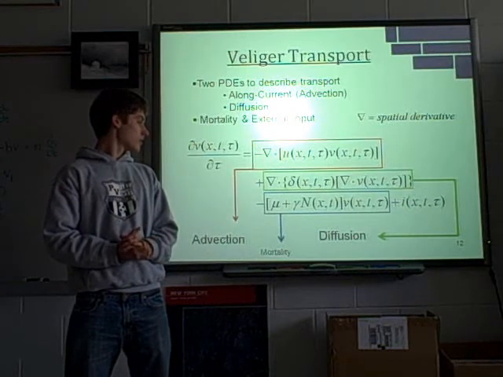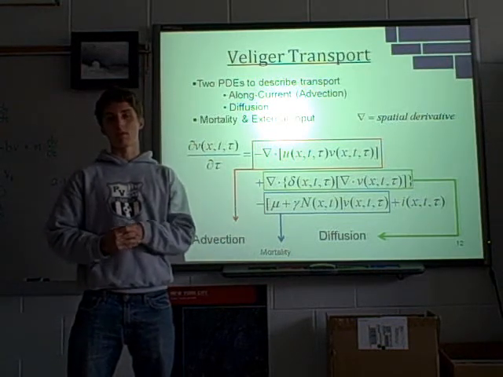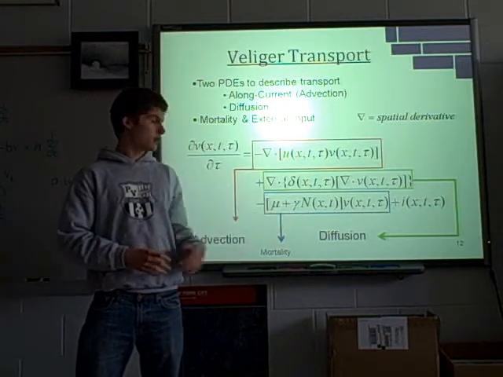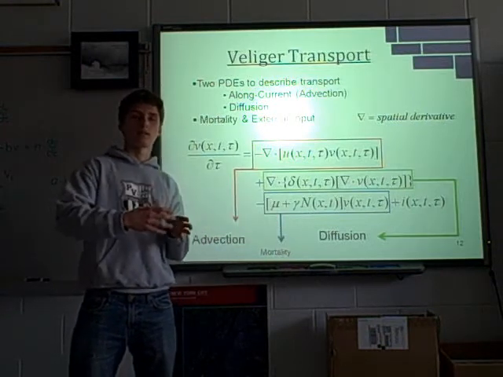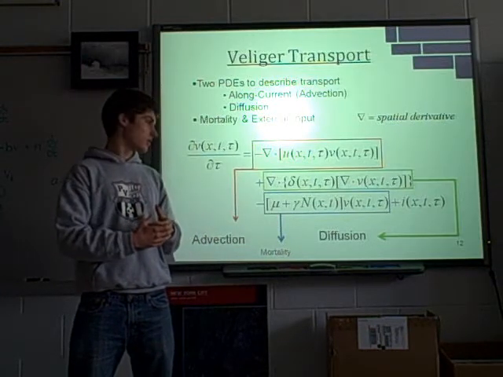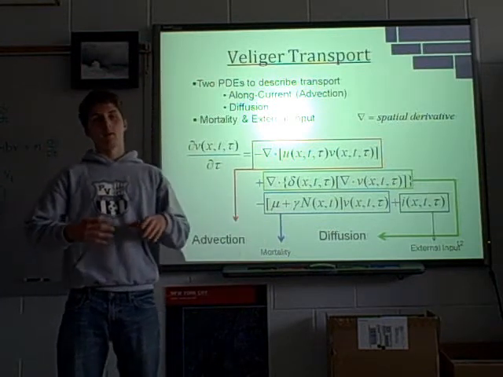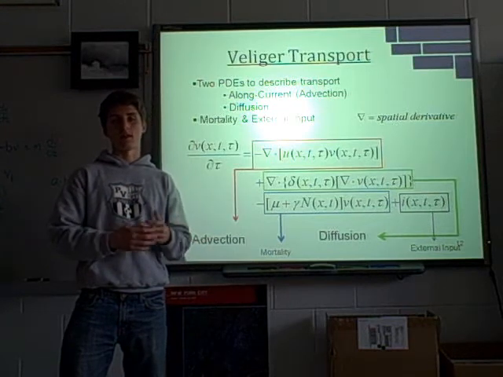We have the mortality component, where you have mu denoting the natural mortality rate of these velgers over time, and then gamma denoting the cannibalization rate, which is dependent on the concentration of adult mussels at the location. And then you have the external input term, and that's how I created the particular introduction scenario that I did.